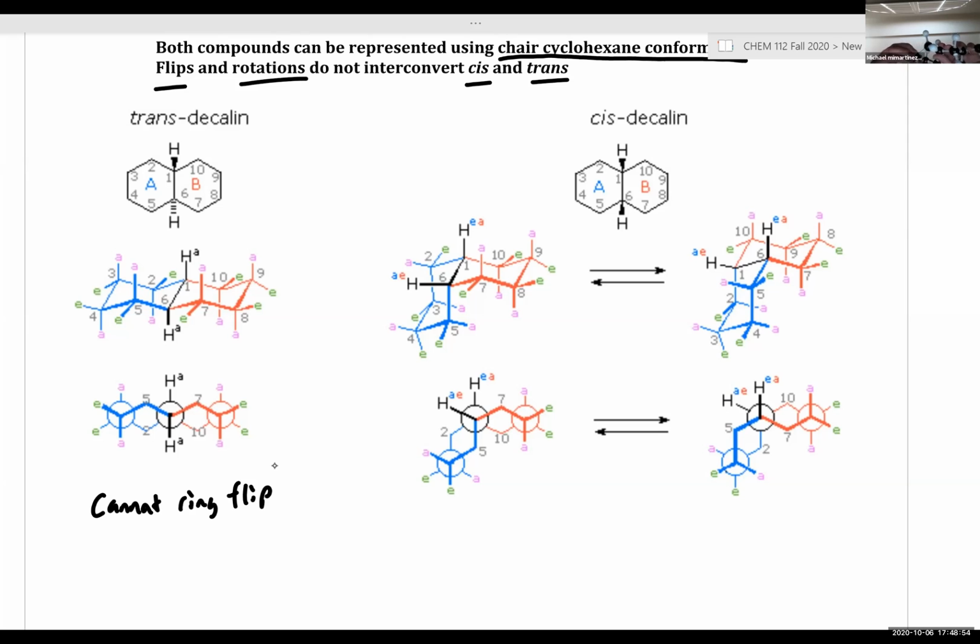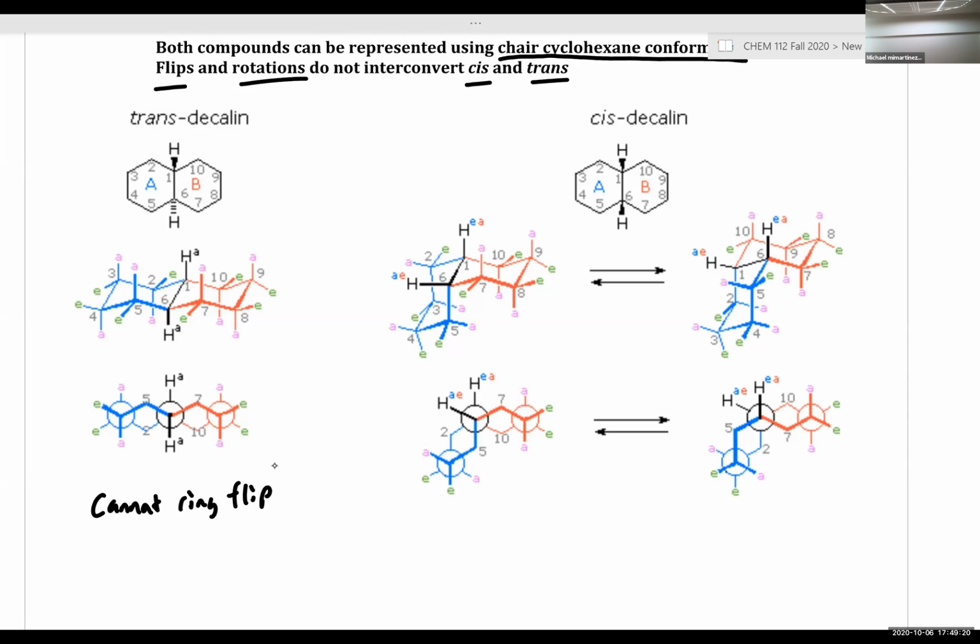It's geometrically forbidden. There's no way for us to flip these axial hydrogens into the equatorial position without introducing an egregious amount of angular or bond strain. So as you notice, no matter how hard I try to initiate a ring flip, it doesn't work. I'd break my model kit if I kept going.